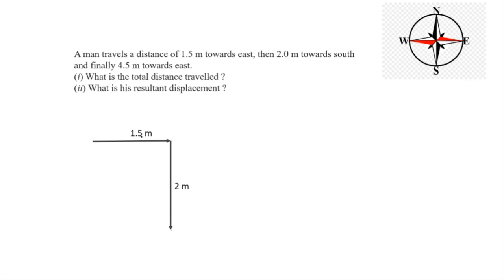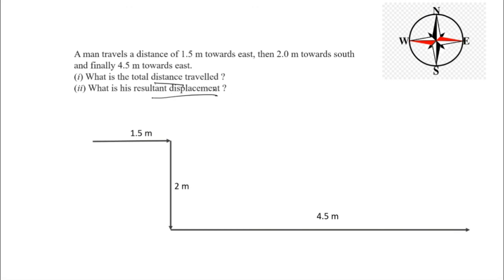First he has gone 1.5 meter towards east, then towards south, and after that he has gone 4.5 meter again towards east. So the final diagram will be like this. You have to find out the distance covered and the displacement.